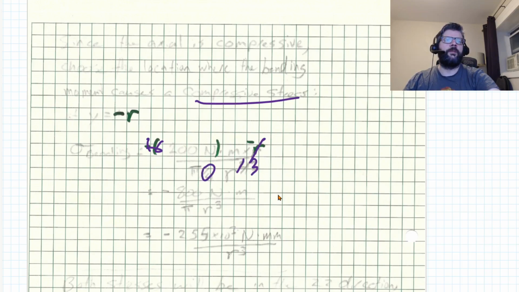Move the 4 up to give us negative 800 newton meters divided by pi r cubed. 800 divided by pi is 255-ish. I'm also going to convert the meters to millimeters by multiplying by 1,000, so it'll be negative 255 times 10 to the 3 newton millimeters per r cubed.